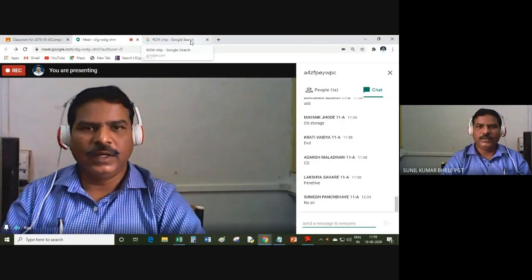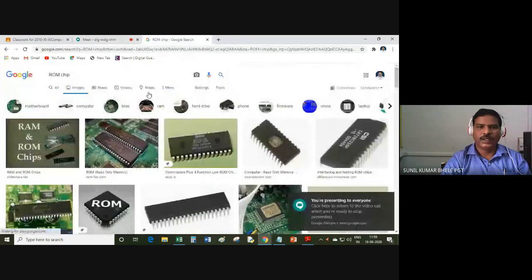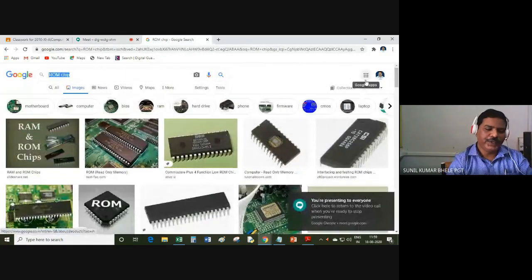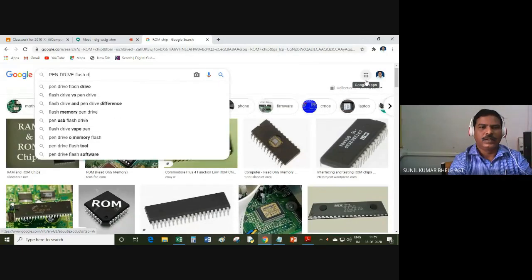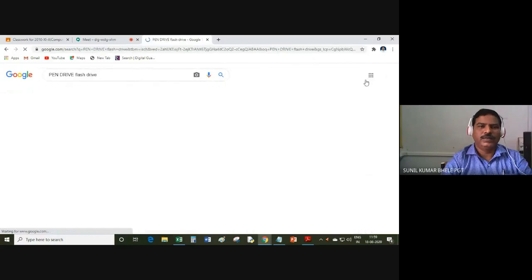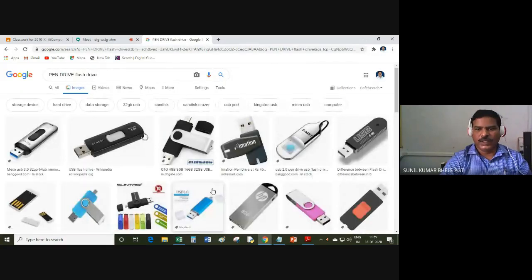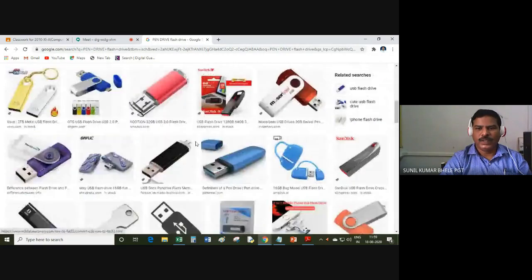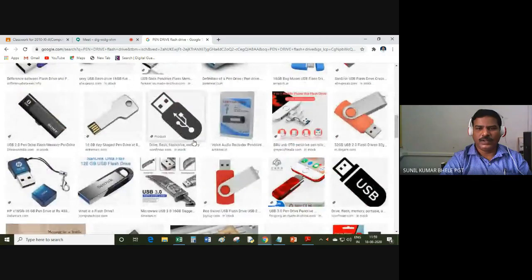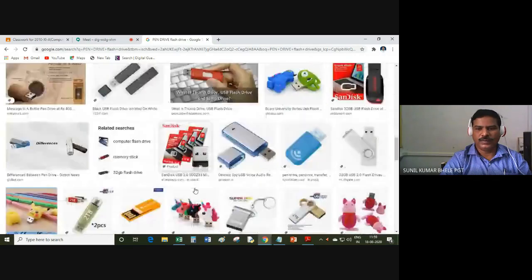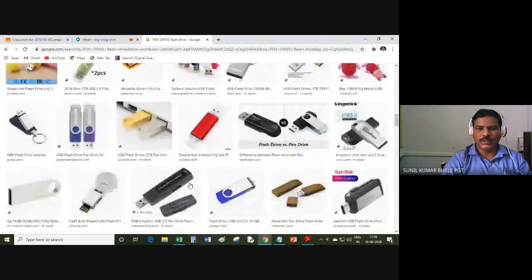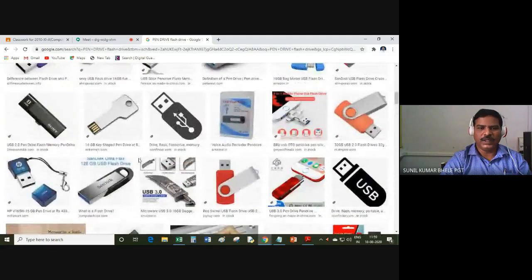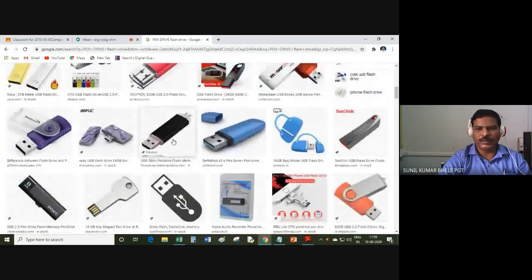So this pen drive is also called USB flash drive. It is in the form of a chip. It is called a flash drive also. So you can see the images of pen drive. A large amount of data nowadays you can store in this pen drive, USB flash drive also. This is a removable device. Removable device means you can insert and remove this device on the computer.